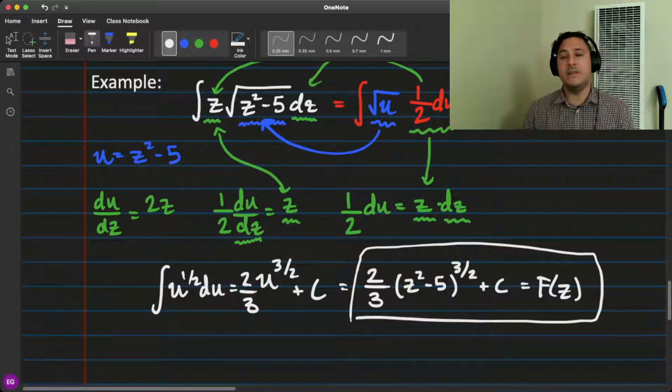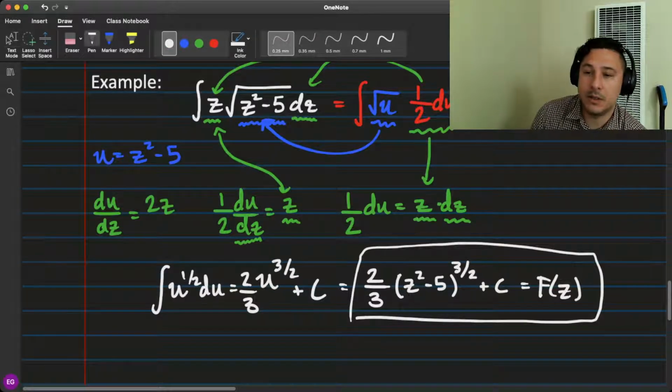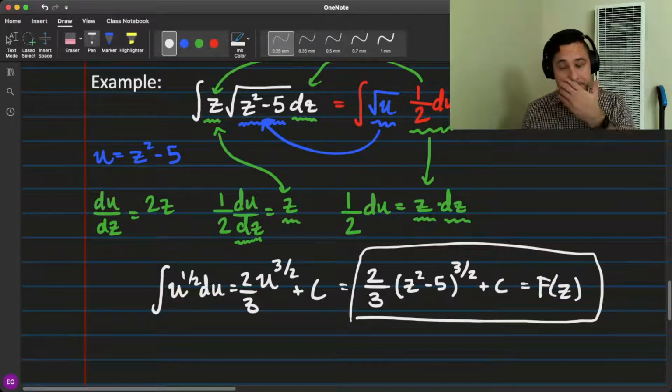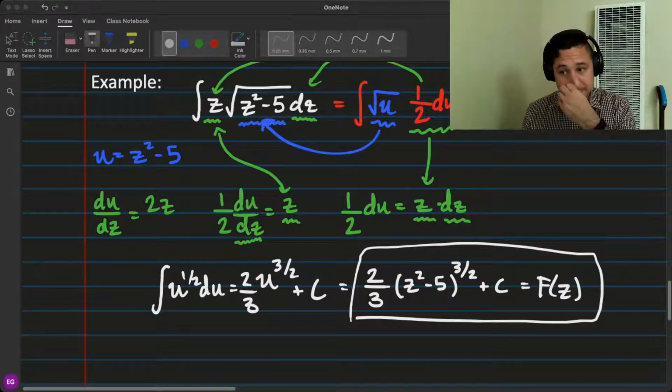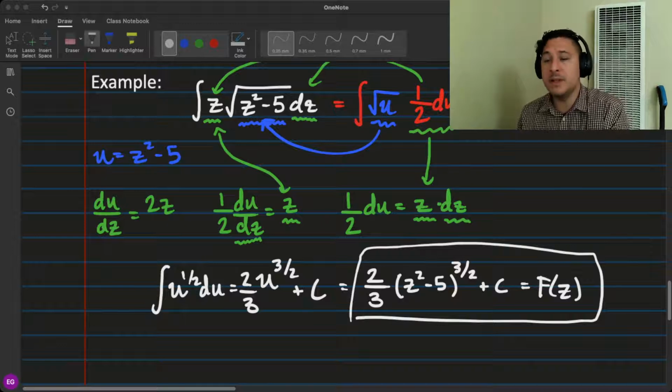So it works even if everything doesn't match up, but you might have to be creative about moving terms around. Right? Remember, the derivative of u was 2z, but I only had a z. You can divide that 2 to the other side, and that's why you end up with that 1/2 there. You don't have to multiply it by 1/2 because I did that step over here.